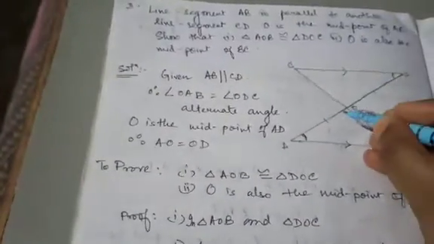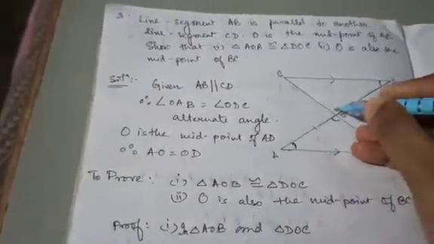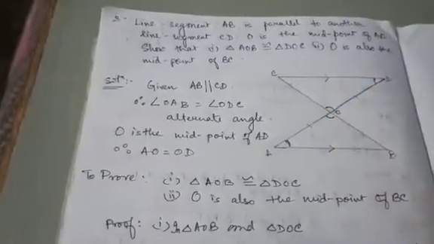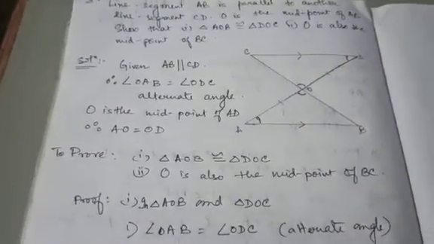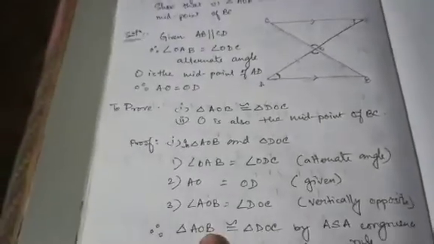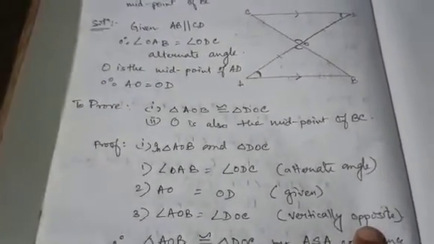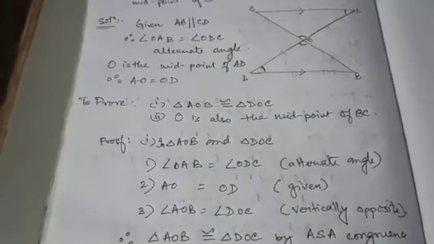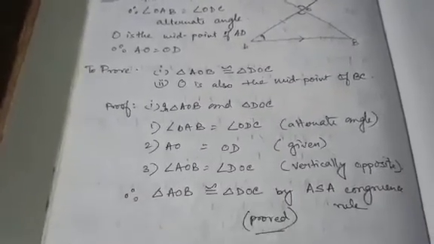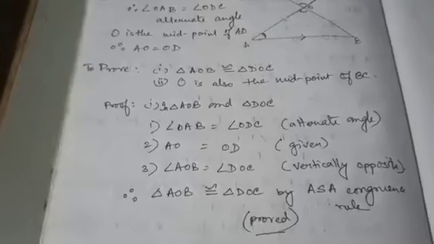That means this angle AOB is equal to angle DOC. It is vertically opposite angles. So I have written the reason: AOB is equal to DOC, vertically opposite. Therefore, triangle AOB is congruent to triangle DOC by angle side angle.